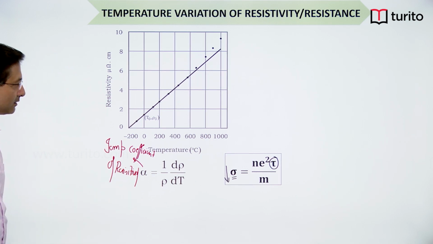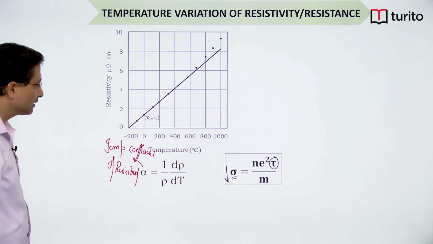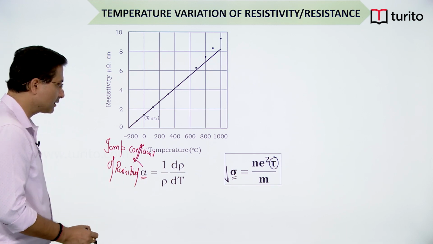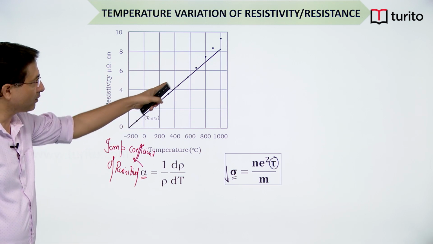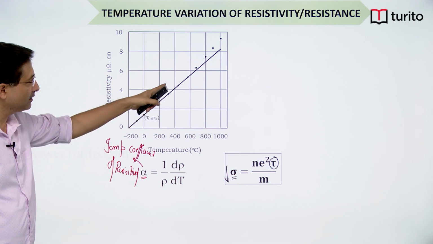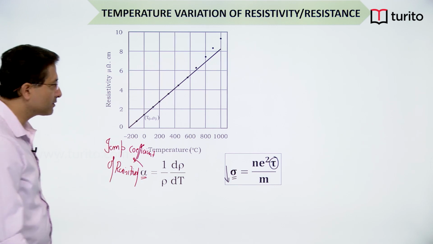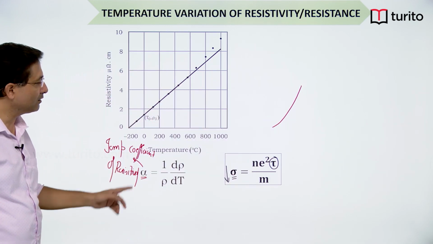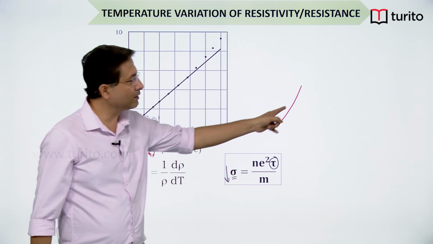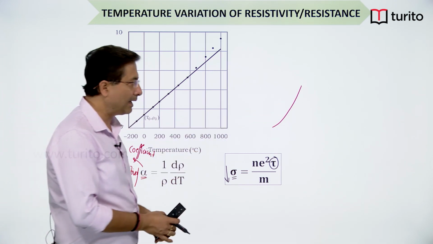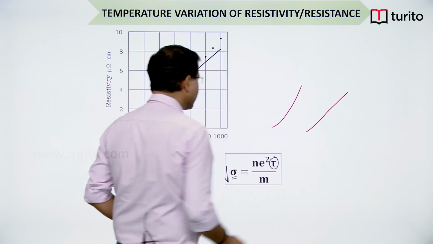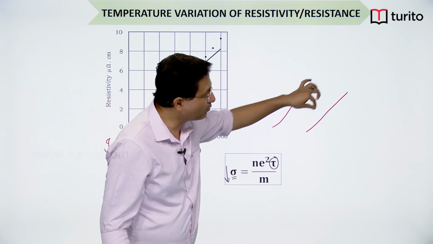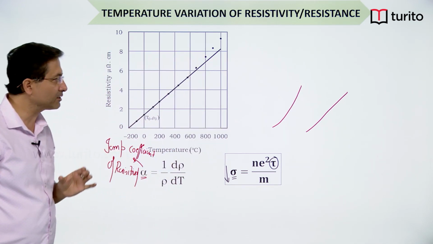As you can see, this is defined for a temperature range. If the curve is something like this, the value of alpha will be different at different points. As the curve is a straight line for a small temperature range, the value of alpha is almost constant for that small temperature range.